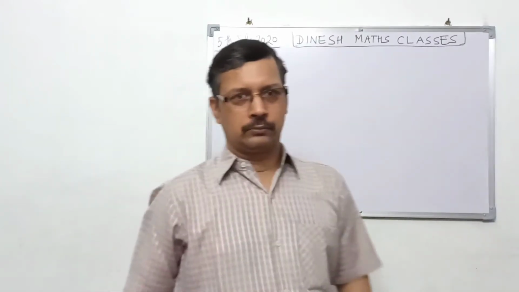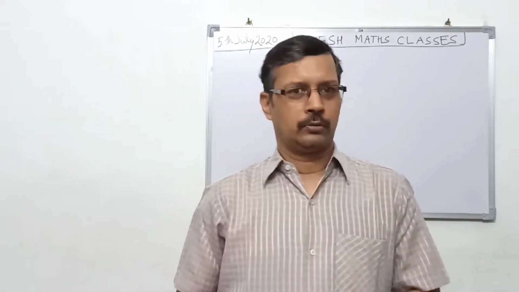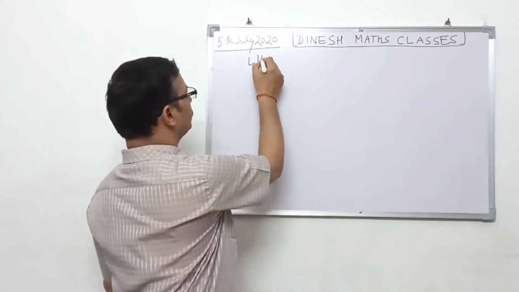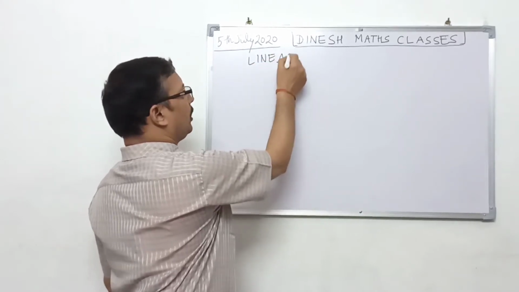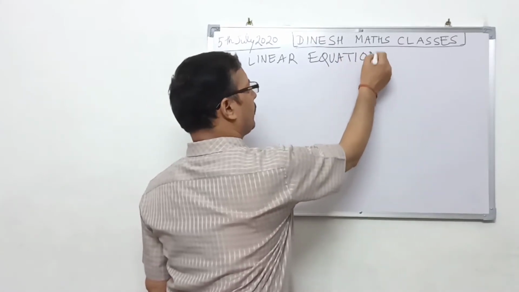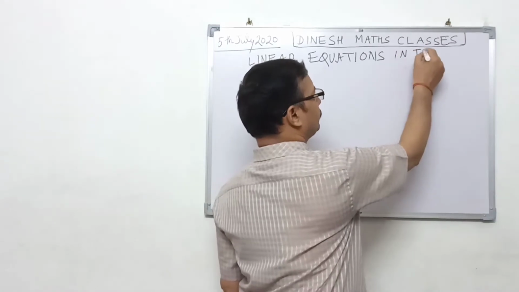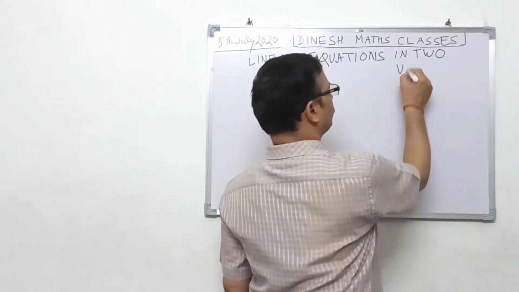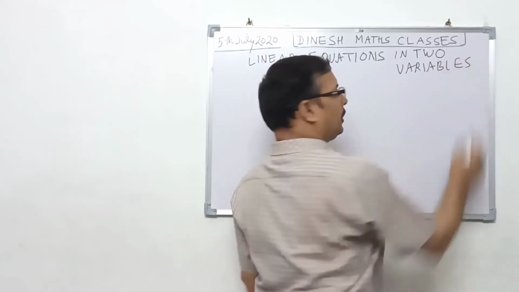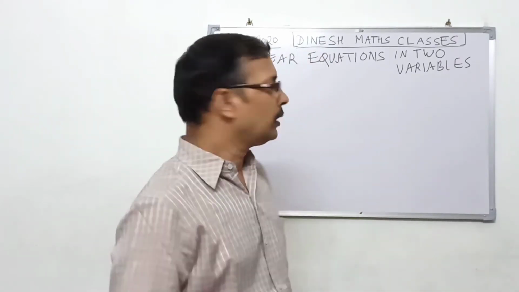Dear students, in this video I will be starting chapter 4, that is linear equations in two variables. In previous classes we have studied about linear equation in one variable.